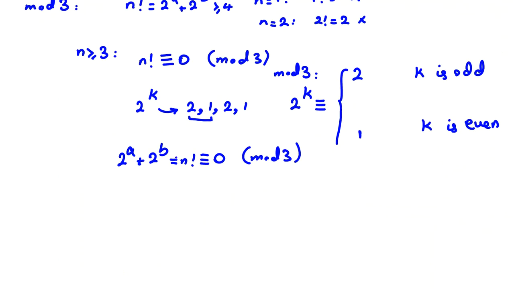Each of them can be 1 or 2. 1, 1 is not possible. 2, 2 is not possible. So 1, 2 or 2, 1. Because when the power is odd the remainder is 2, and when the power is even the remainder is 1, one of the powers is odd and one is even: odd, even or even, odd.